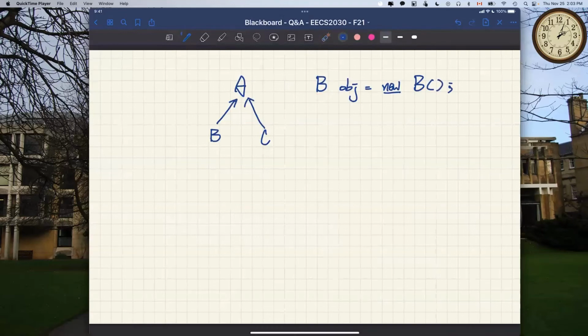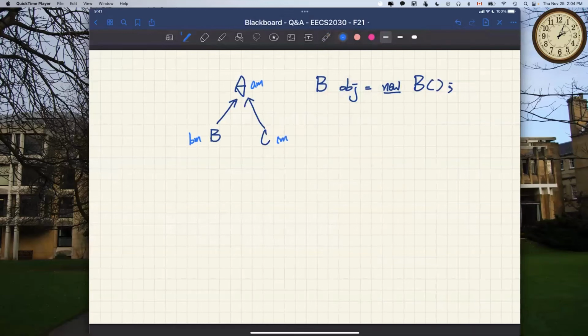Let me give you several intermediate points. Let's say I have AM, BM, and also CM. We have three methods here.